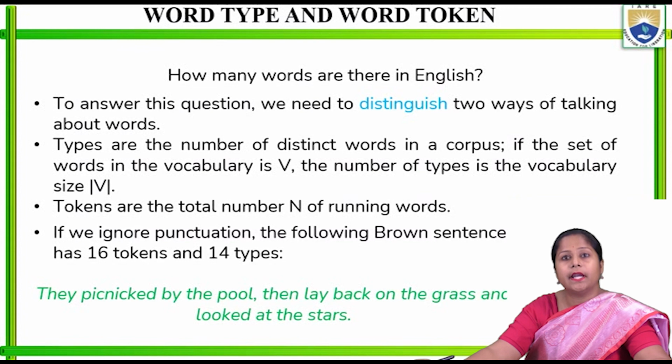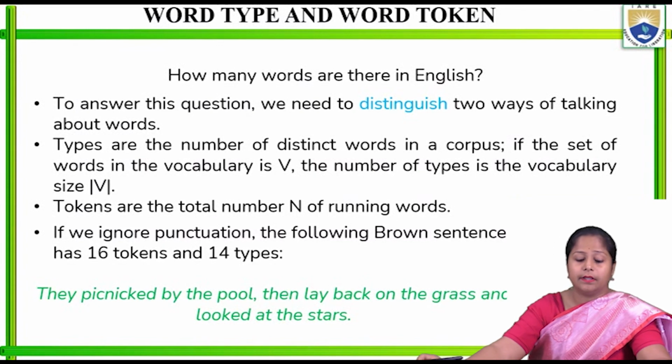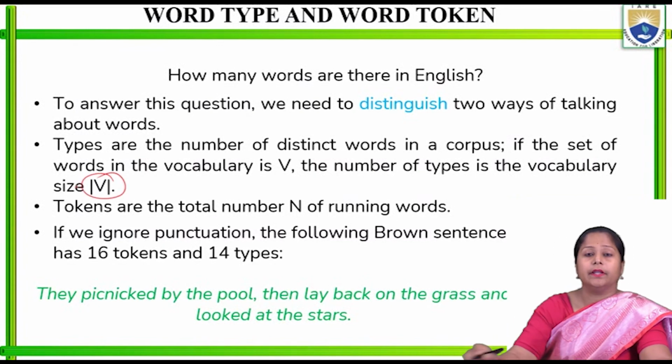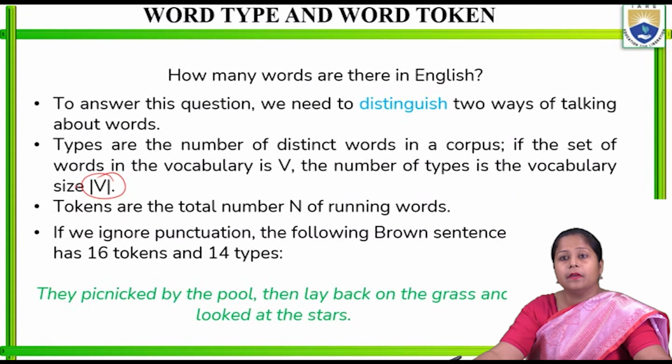If I consider a document, the number of distinct words is called the types of the words. If the vocabulary is V, then the number of types is the vocabulary size, the size of the set V. That is the proper definition of type.